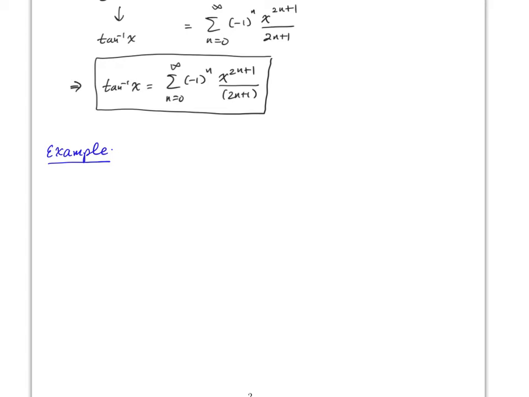So you may have an integral that is a little tricky to find, but using power series, you can approximate it pretty easily. So for example, let's say you have the following function: f of x is equal to 1 over x squared times tangent inverse of x.